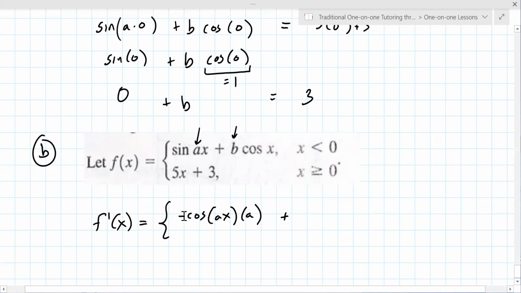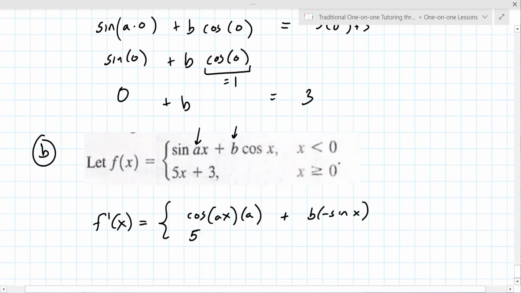Sorry, derivative of sine is cosine. Yeah, and then it's b negative sine x. Just b negative sine x, right? Yeah. I wasn't sure if there was something else. And then the other one too, right? Yep. It's just 5.